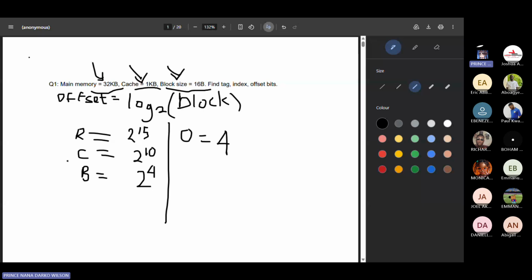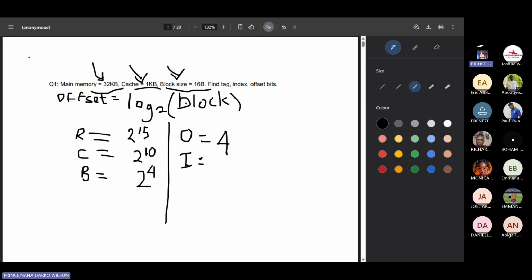Then after finding our offset, we need to find our, what next? Our index, or our line index. And we learned that the index is given by the cache size over the block size, and then the answer's log base 2. So what's the cache size that we've been given?